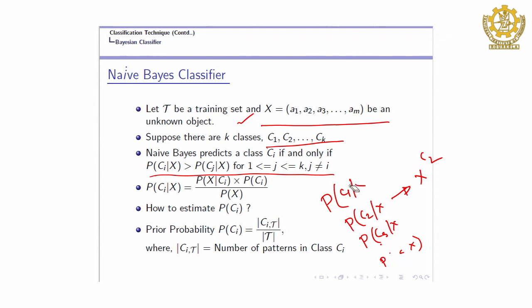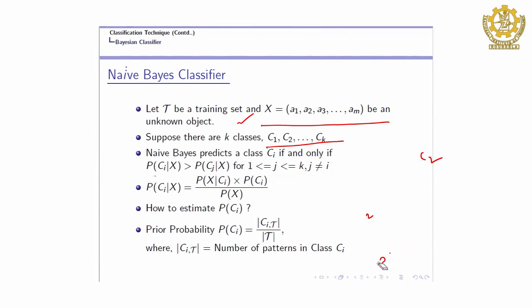Now, we go much deeper here. We will be using the same formula. The probability of Ci for any class given X, we can write as the probability of X given class Ci into the probability of Ci divided by P of X. Now, as I said, this denominator does not need to be computed. So, what remains is that we have to compute only the numerator part.